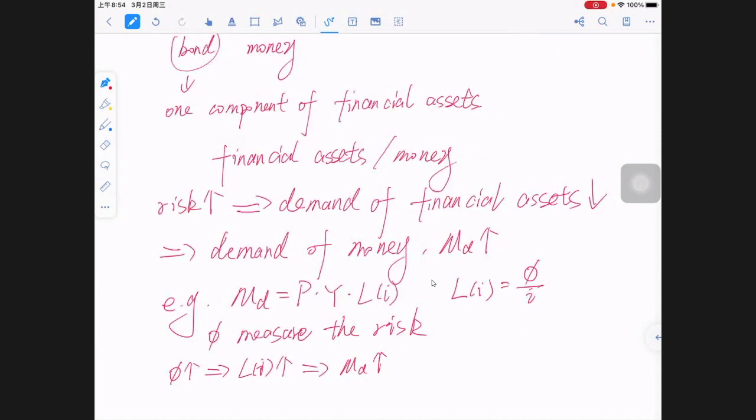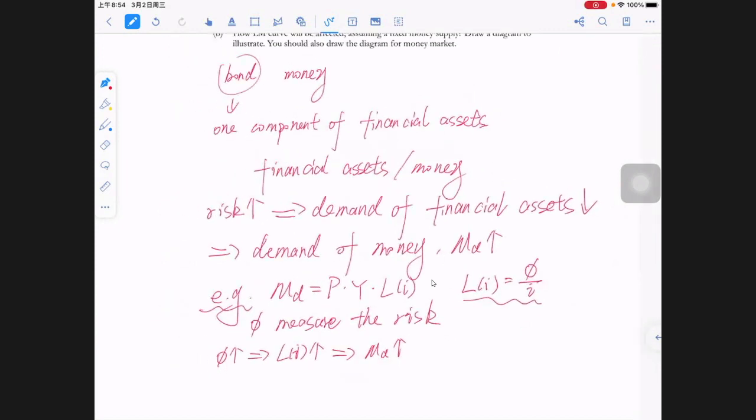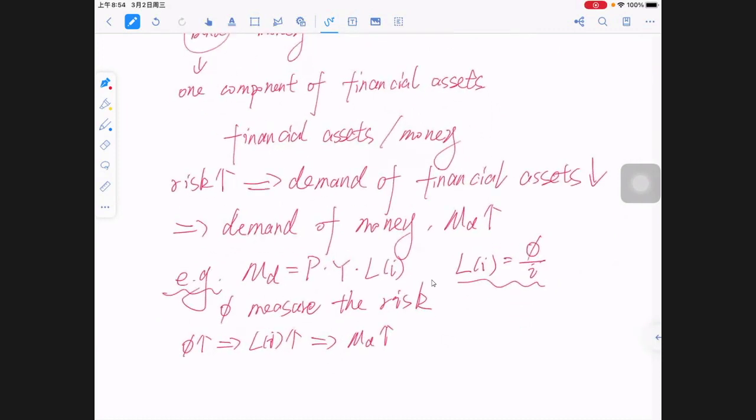This is just an example for this specific functional form. You could have other specifications, but take this as an example, it will be clear. So the basic logic is, with a higher risk, the demand for financial assets decreases, so the demand for money will increase. Okay.